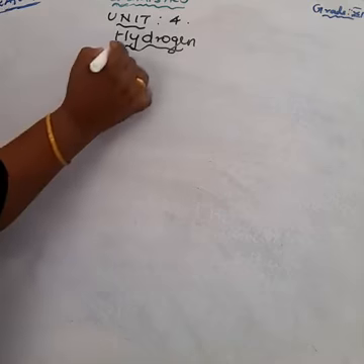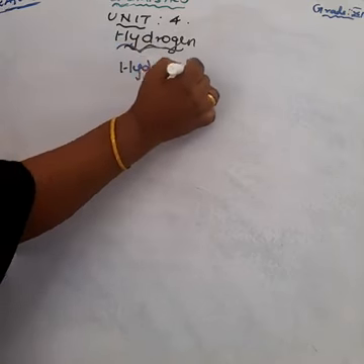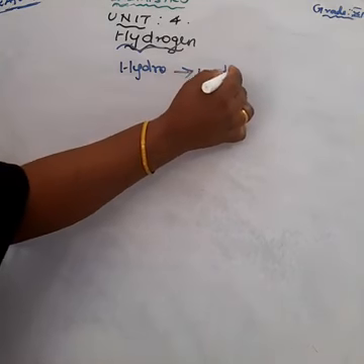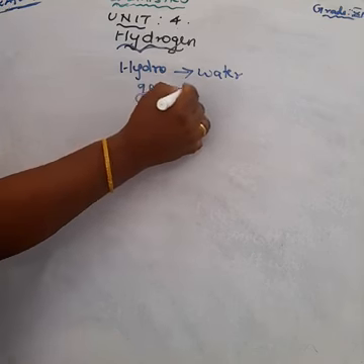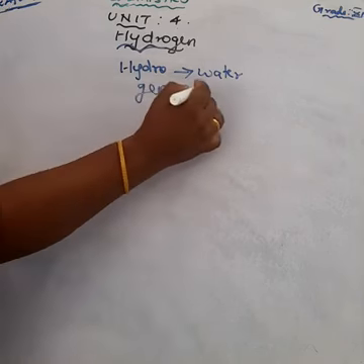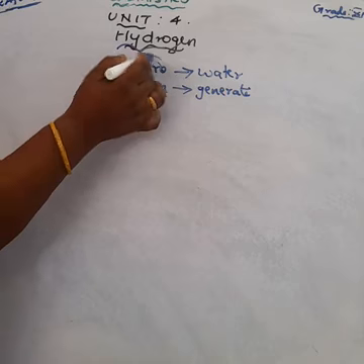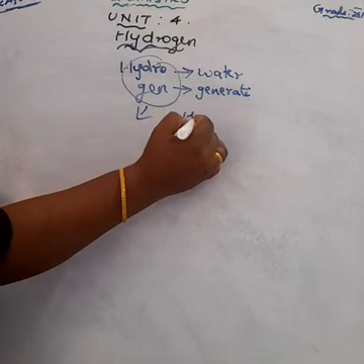The word hydro means water. Gen means generate. So hydrogen means it generates water. We know water is H2O.